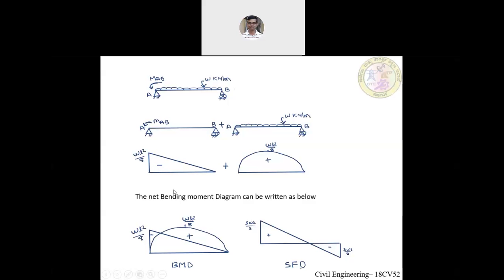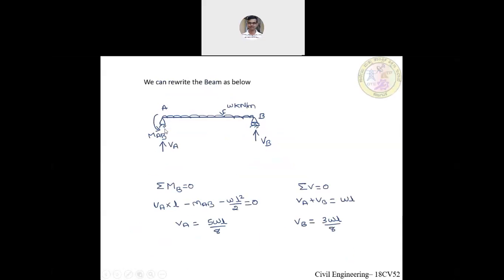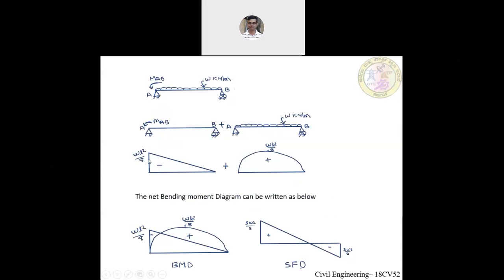So I'll use that. Since we have a negative value, MAB is minus WL square by 8, so I'll plot it above the reference line, and MDA is equal to 0. I'll join that with a linearly varying line, and this becomes a negative bending moment.